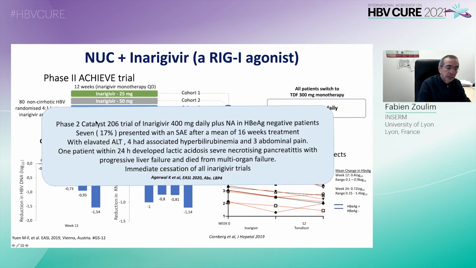But then when the second phase 2 with a longer administration of inarigivir was performed, several patients presented severe side effects, and one patient developed lactic acidosis with multi-organ failure and died from it. So this should always be kept in mind with any type of mode of action.